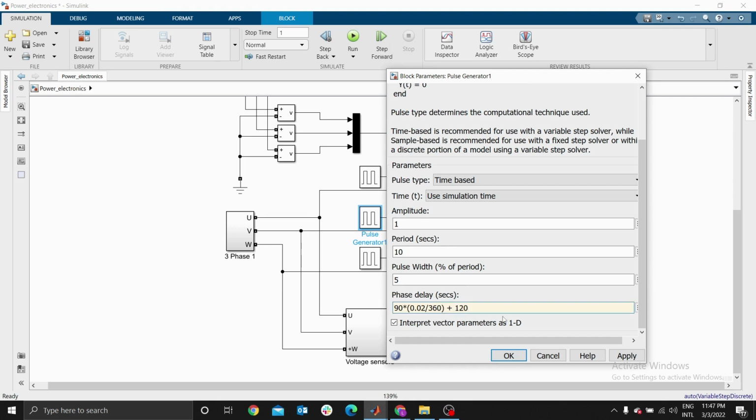We need to add an extra 120 because V is 120 away from U. The reason I'm adding 120 is why I'm using 120 instead of 90.